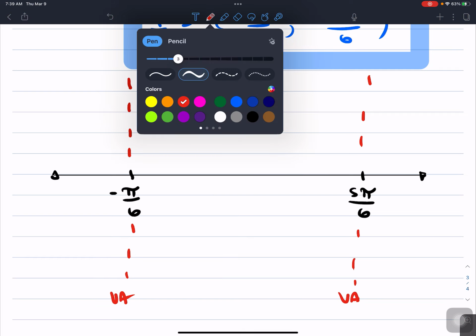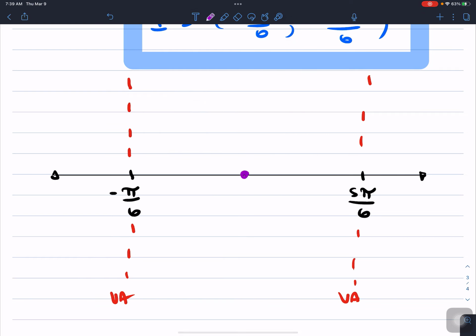And then you need a midpoint. You say, where's my midpoint? You guys know, where's that midpoint going to be? Well, maybe you want to add and divide by 2. So negative pi over 6 plus what is this here? Add them, divide by 2, right? So negative pi over 6 plus 5 pi over 6, what's that going to be? Is that 4 pi over 6?